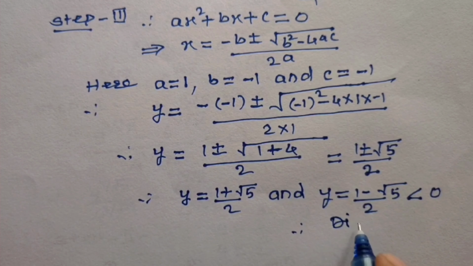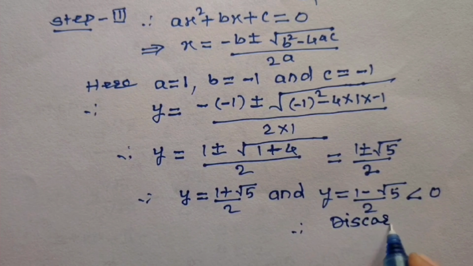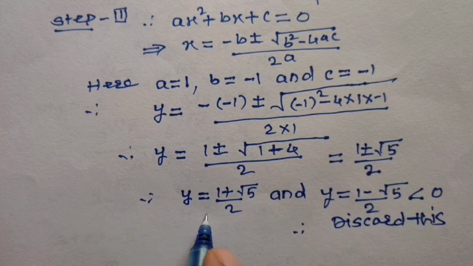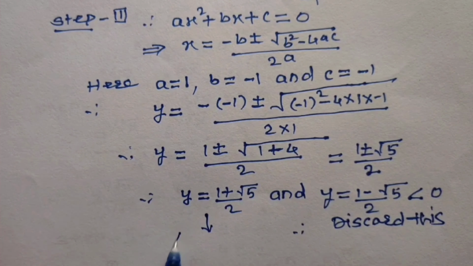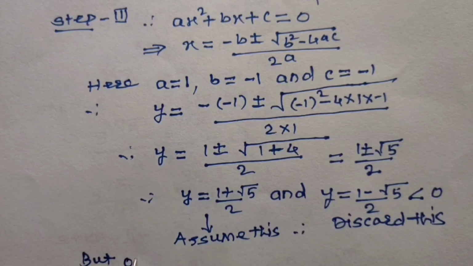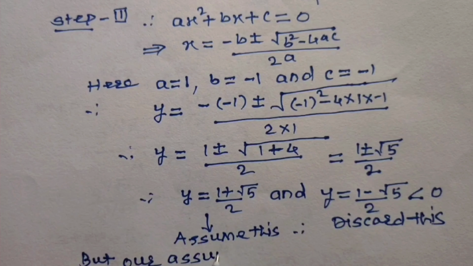Hence, discard this value. Here we have to accept the positive value of y and discard the negative value of y. Hence, assuming y is equal to (1 + root 5)/2.